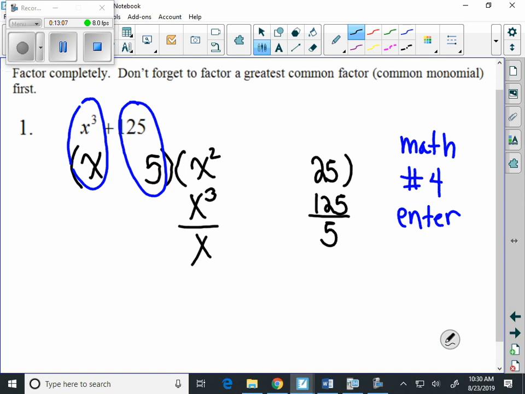The other value in our big parentheses is determined by taking the little parentheses and multiplying the 2 values together. Well, our 2 values in our little parentheses are x and 5. And typically we like to write the number first, so we're going to put 5x in our parentheses.